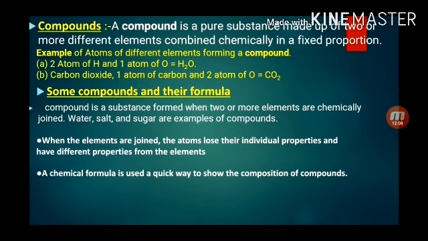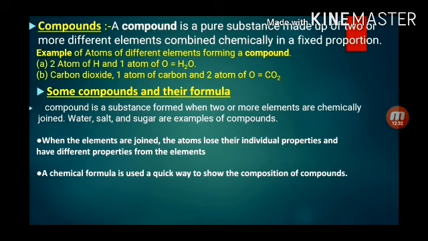Suppose you take oxygen gas and hydrogen gas. Both are gases, but once they combine to form water, water has totally different properties from hydrogen and oxygen. After the formation of a molecule or compound, it has totally different properties.